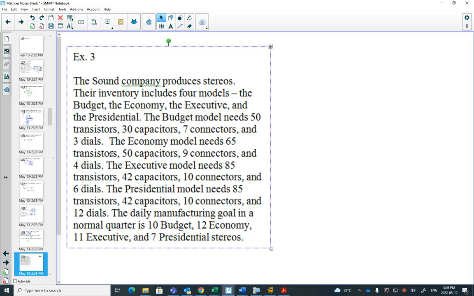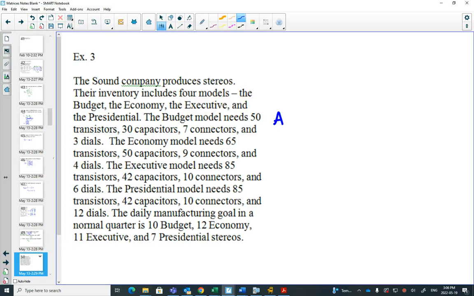So we could put this information into, okay, so we're going to make matrix A. We have to decide what we're going to do. We're going to go budget, economy, executive, and El presidente.